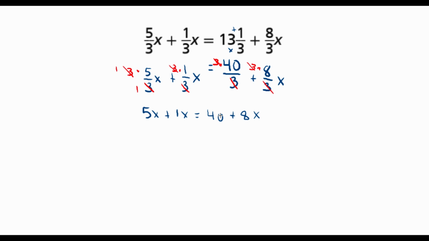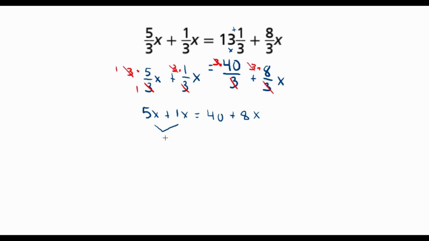All right, and now you can see that the reason why we had to turn the 13 and 1/3 into an improper fraction is because if you leave it as a mixed number, you might have gotten this constant number as a 13, which in reality it is the 40, not the 13. Okay, let's go ahead and combine like terms here. We can combine the 5x with the 1x here because they're on the same side.